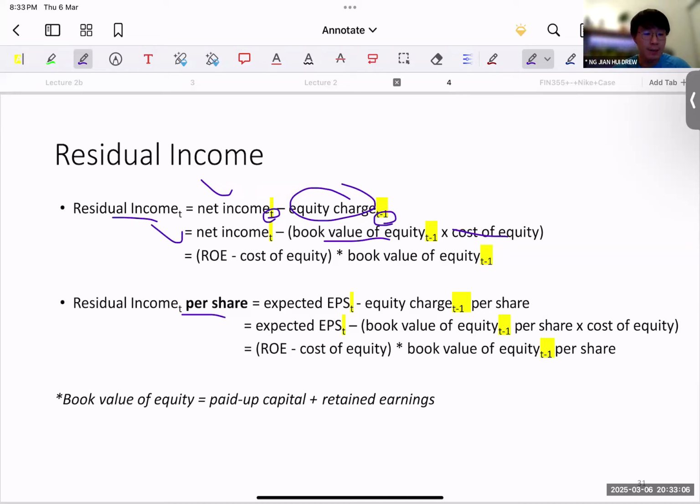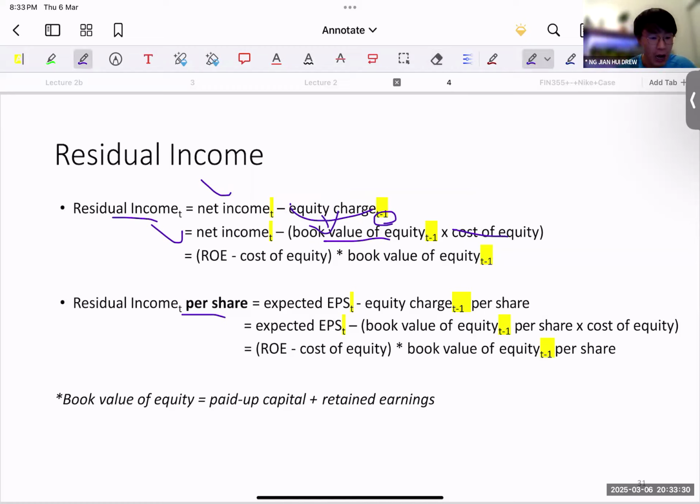Alternatively, you can multiply this net income times the cost of equity. No, sorry, wrong.